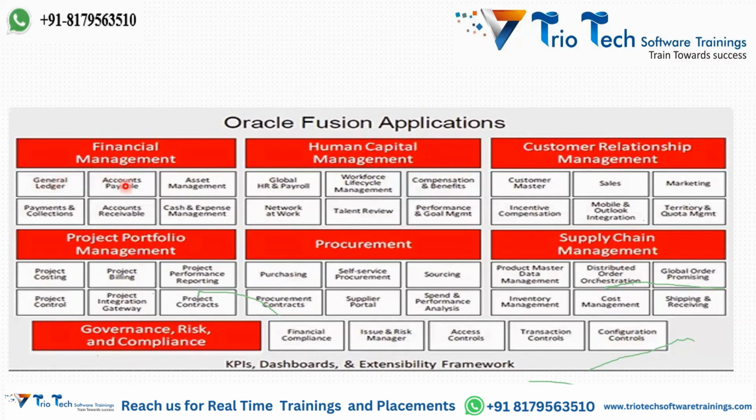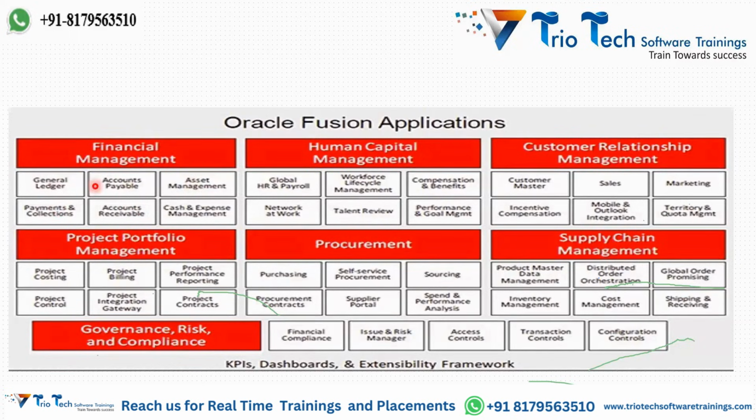Then you have accounts payable, where all your supplier related transactions and payments data will be stored and managed. Then you have asset management as the module where all your asset data will be stored. All your banking data will be stored and managed under the cash management module, your customer data under accounts receivable, and likewise payments and collections for all your payments and customer collection related data, right?